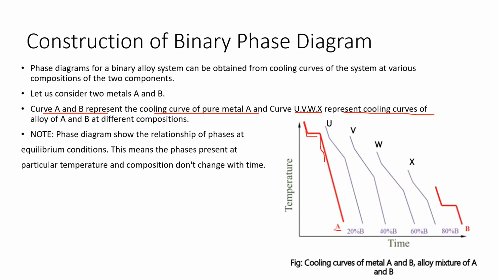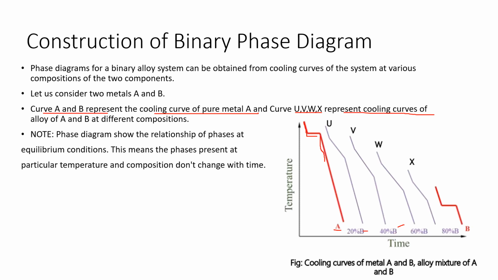The cooling curve is plotted over here, curve A, while for U, V, W, and X, different percentage compositions are mixed with each other gradually.